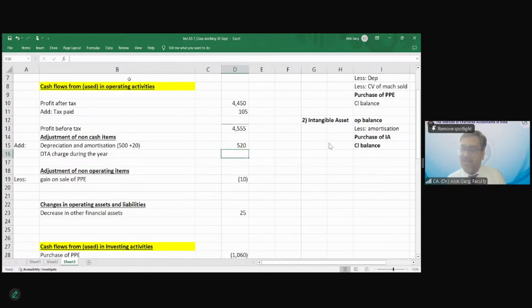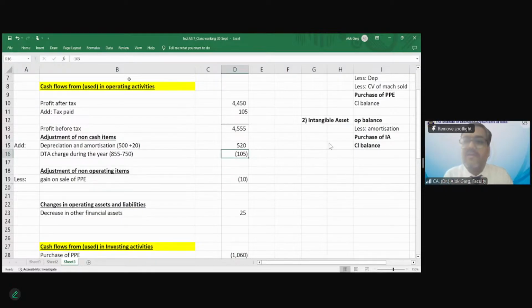So there is a 105 increase of DTA. Means अगर DTA में 105 का increase है तो क्या करें? We would reduce it. 855 minus 750, so 105 should be deducted.